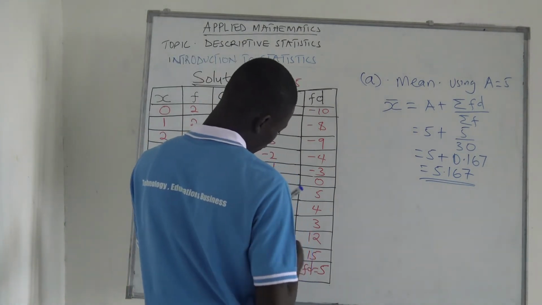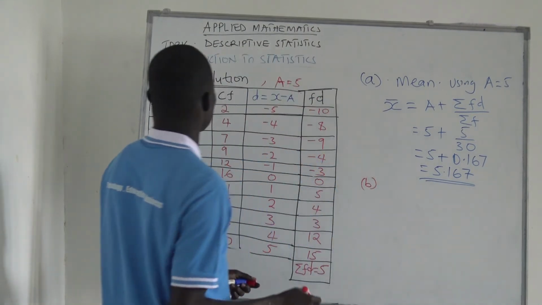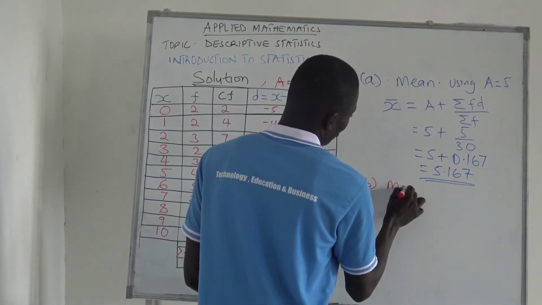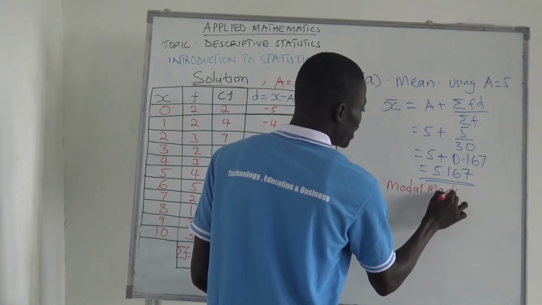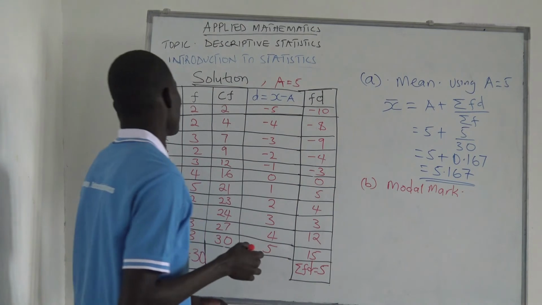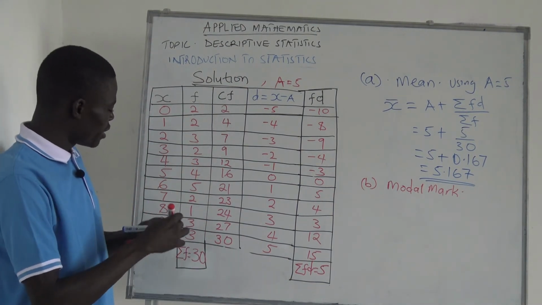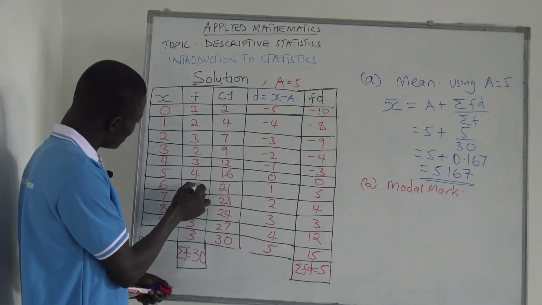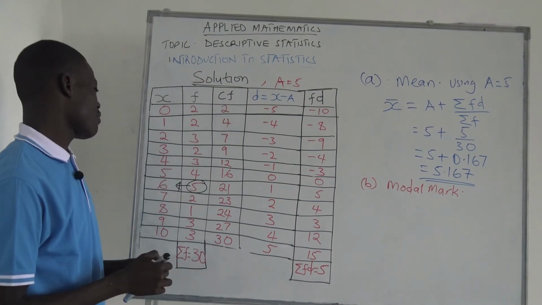Part B is saying find the modal mark. We said for the modal mark, you come to frequency and then you get the highest frequency. The highest frequency in this case is 5, and then you read the value of x.